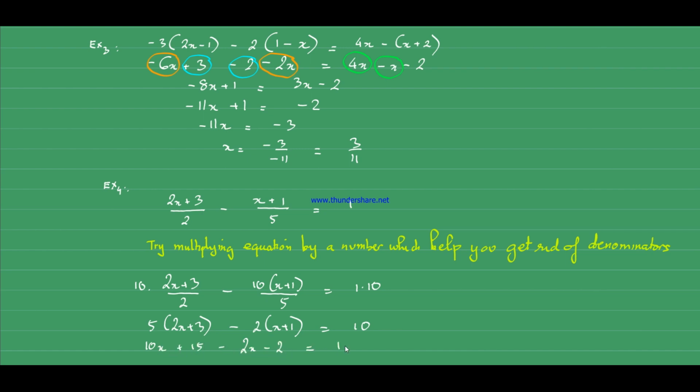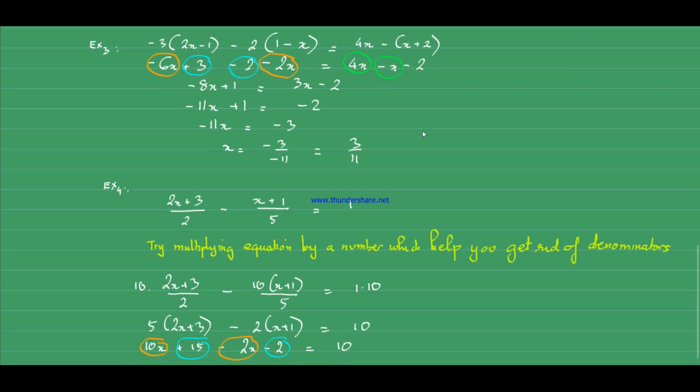Then you go ahead and combine like terms. So 10x minus 2x right here, and you have positive 15, negative 2. 10x minus 2x is 8x, and 15 minus 2 is 13, equal to 10.